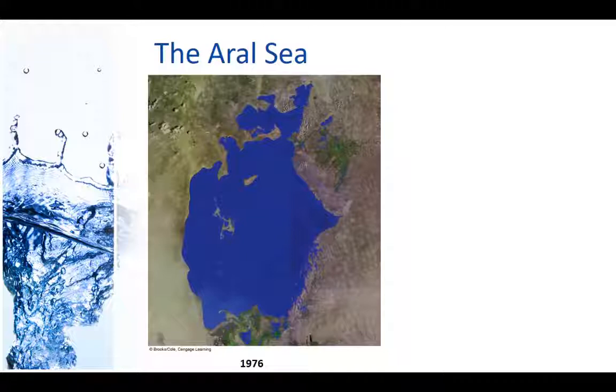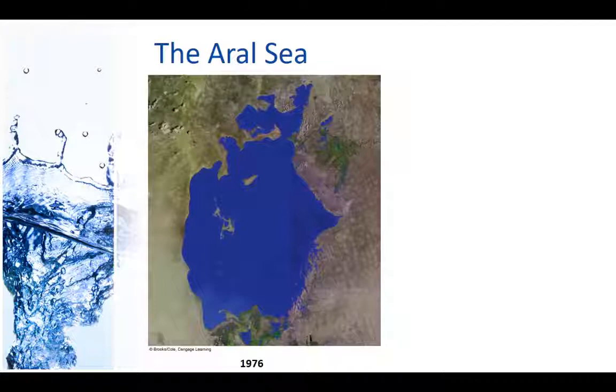And this is an incredibly visual example of degradation of natural capital. Remember that the Aral Sea was once the fourth largest freshwater lake in the world. Since 1960, it has been shrinking and getting saltier and saltier because most of the water from the rivers that replenish it has been diverted to grow cotton and food crops.